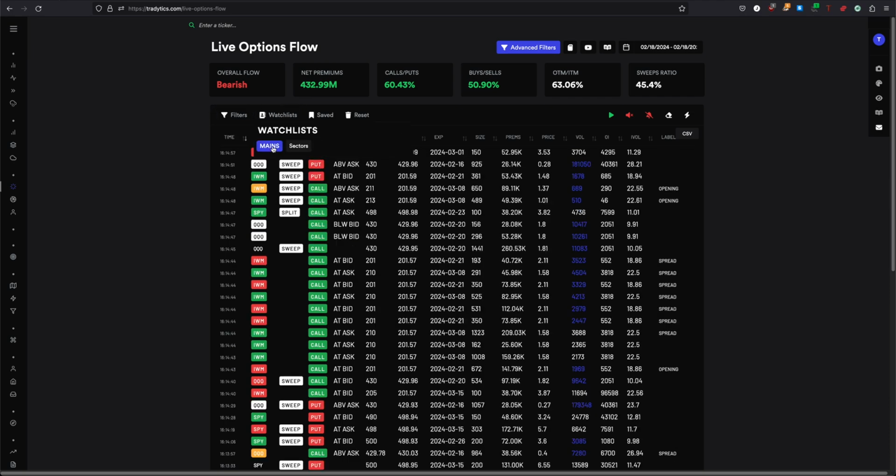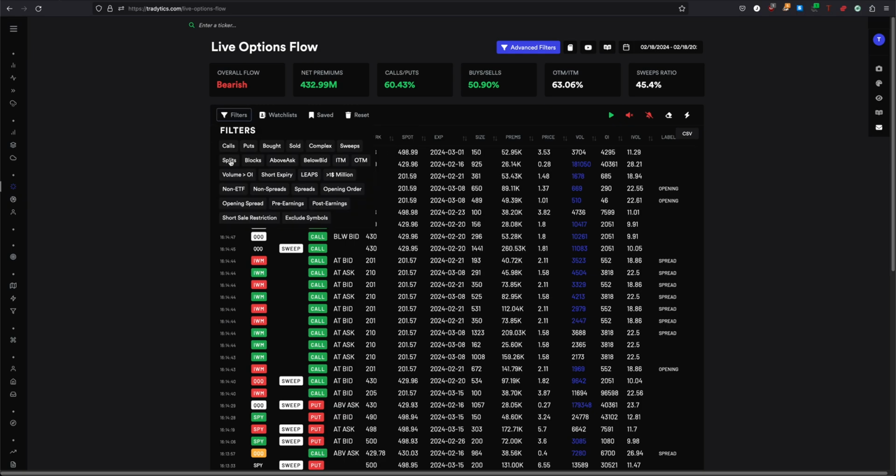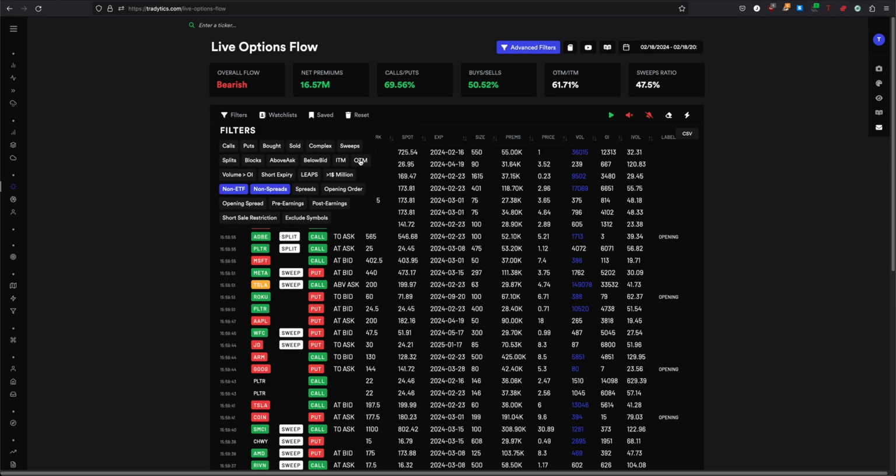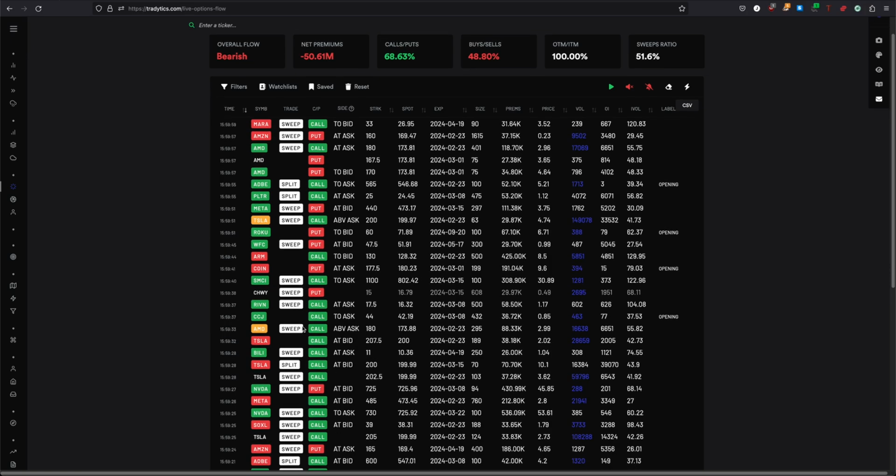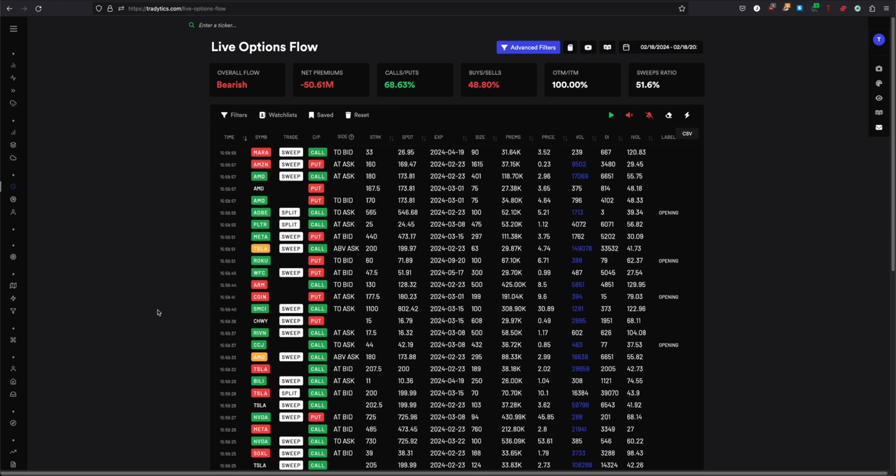And then I can just look at stuff that's on my watch list through the day if I'm looking for stuff, and go through it like that. But let's move on and talk about some of the tools that they have that kind of help do this job for you, this hunting job of finding interesting flow throughout the day.